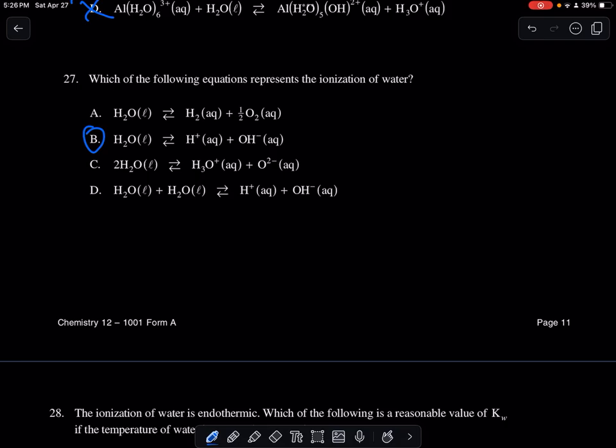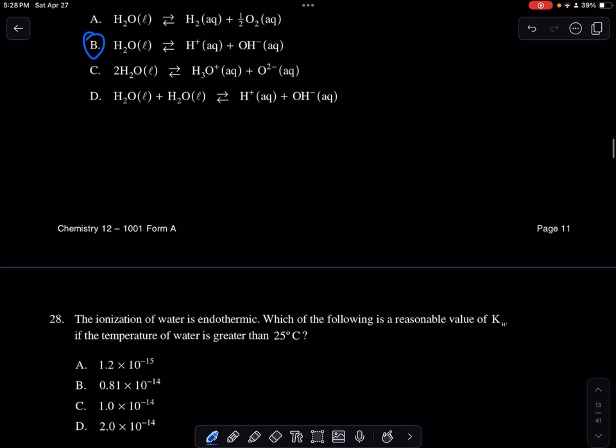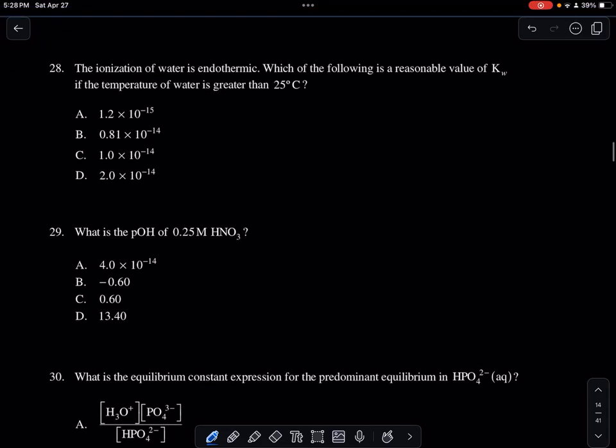So when water dissociates, it has an ionization constant, and that value is 1 times 10 to the minus 14. The ionization of water is endothermic, which of the following is a reasonable Kw if the temperature of water is greater than 25 degrees? So here's what's happening. That has a Kw of 1 times 10 to the minus 14.